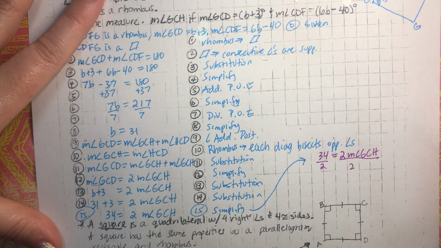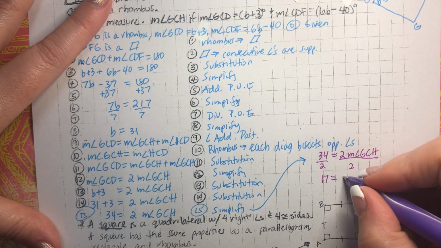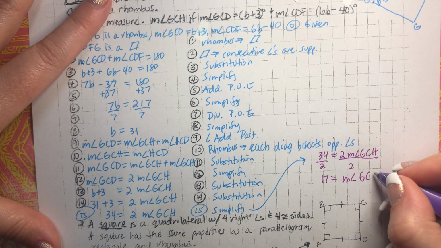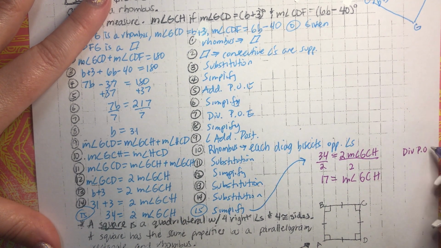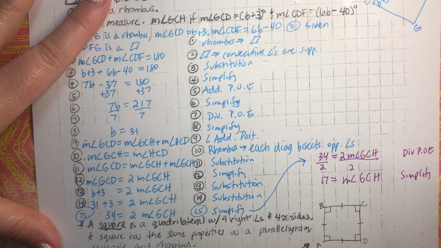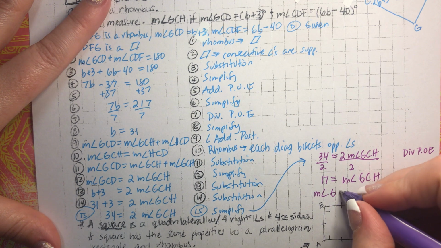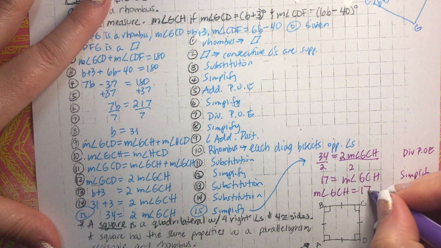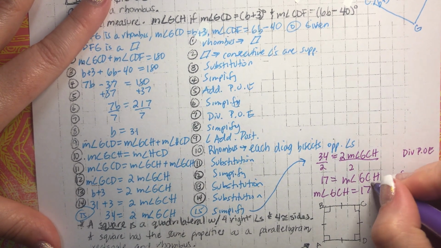What's that going to give us? 17, I think. Yeah, 17 equals the measure of angle GCH. So this is the division property of equality. This is simplifying. And then we use the symmetric property of equality. Just flip-flop it: GCH equals 17. Symmetric property of equality. And there we have it.